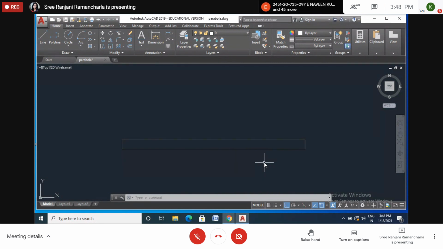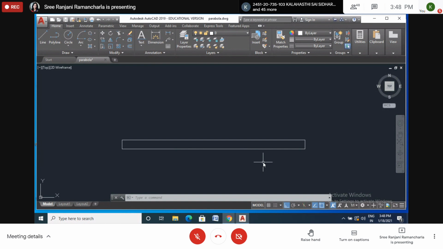Okay. Have all of you drawn? Can you divide this 10 centimeters into 6 equal parts? Yes, make it 6 equal parts.